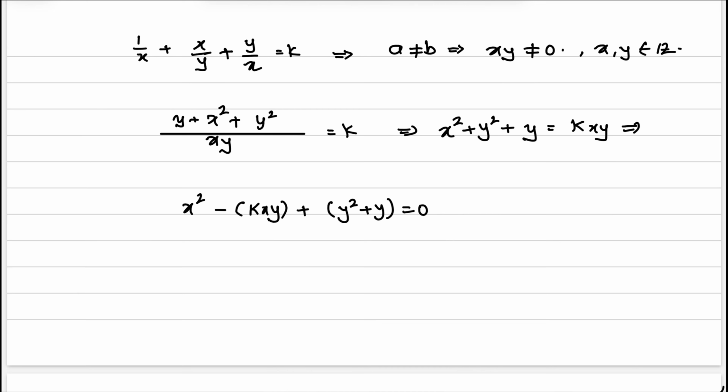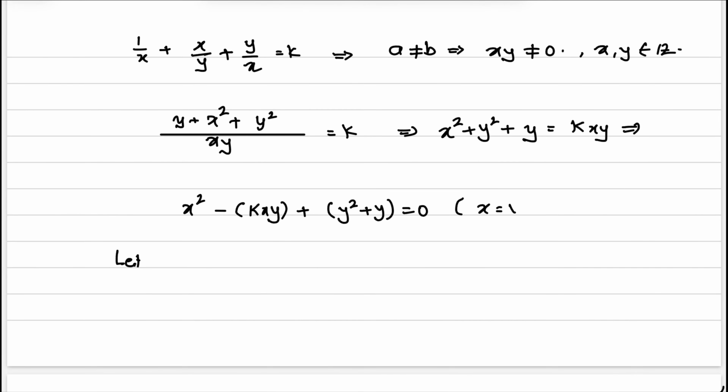ax square plus bx plus c. Here x is the variable, quadratic equation in x. Let x and x1 be roots.